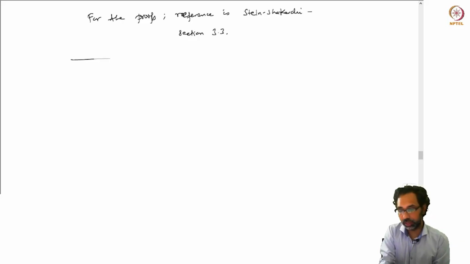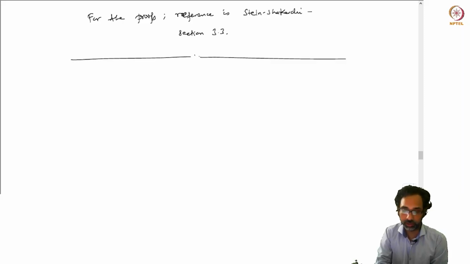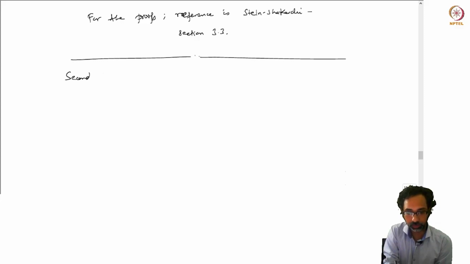So this finishes our discussion of the differentiability theorems for functions of bounded variation as well as functions which are monotonically non-decreasing. Finally, let me say some concluding remarks about the second fundamental theorem of calculus.